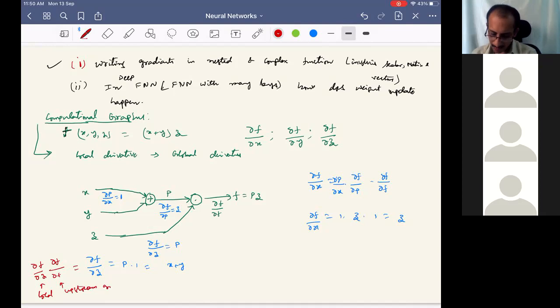Similarly here, we consider this as local and this as upstream. So whichever comes from this side is upstream, while whichever is current is local. Hope this is clear.